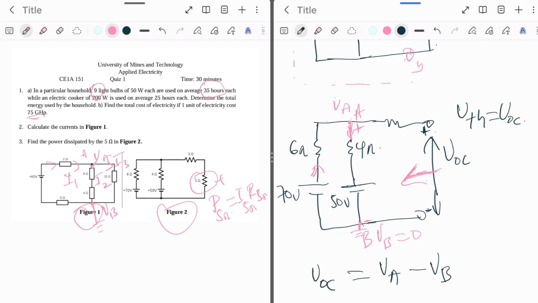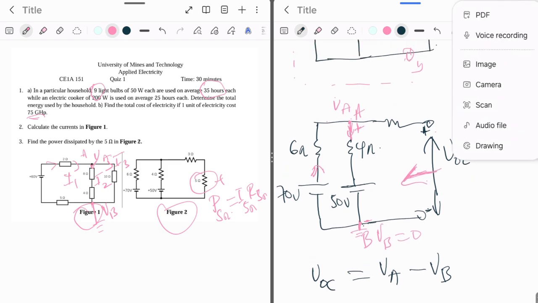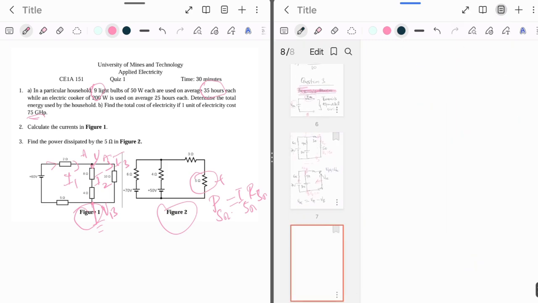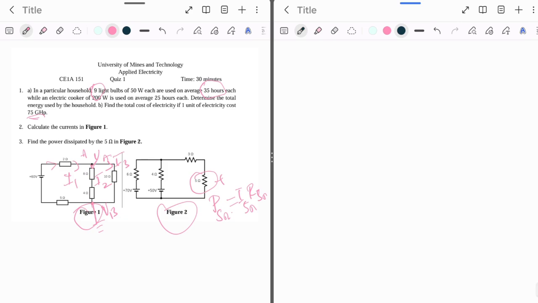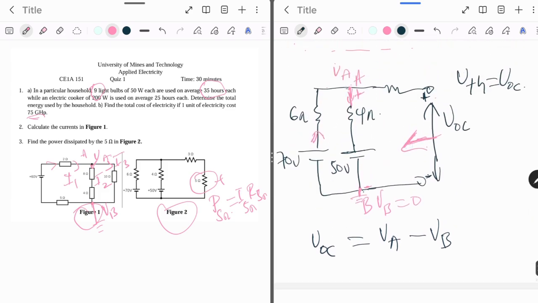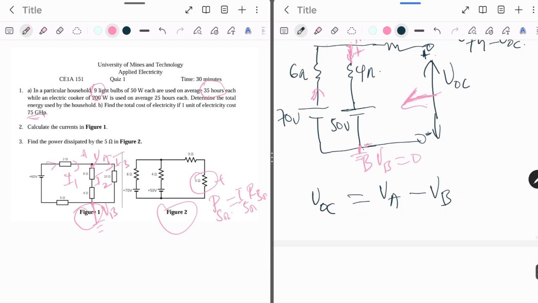Once I've done this, I have to solve for VA. You can see that I can easily solve for VA by indicating the current.